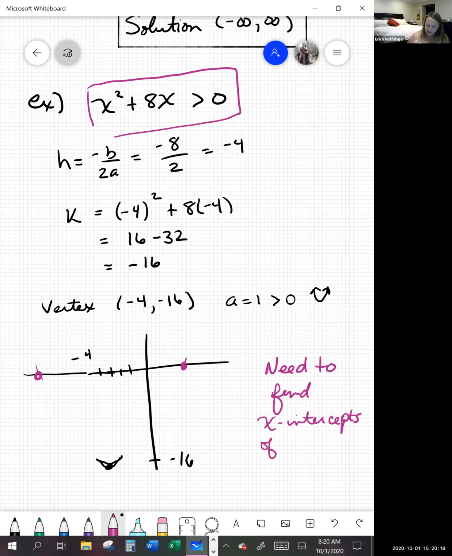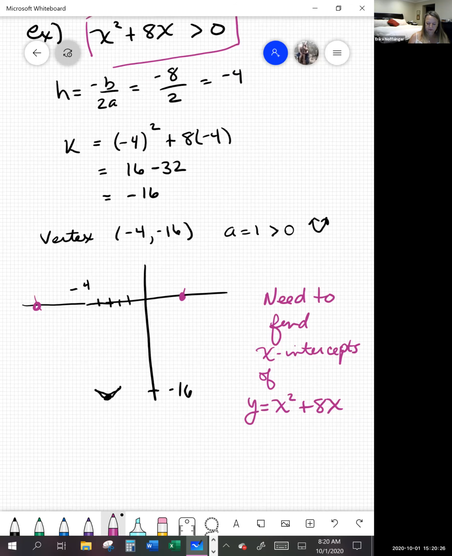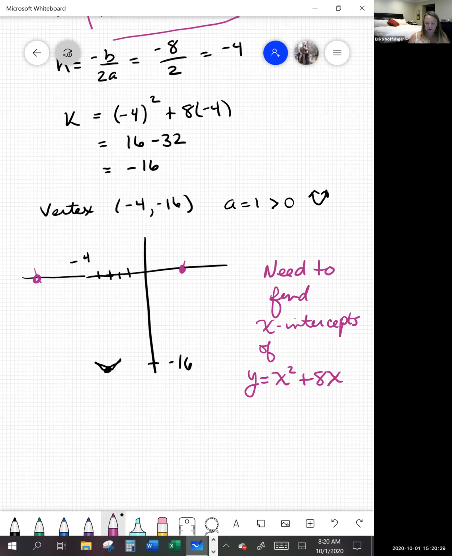And so we're trying to find that at the equation y equals x squared plus 8x. Well, I chose one that was actually really easy. Set y equal to 0 and solve for x. Well, this factors really nicely, right?